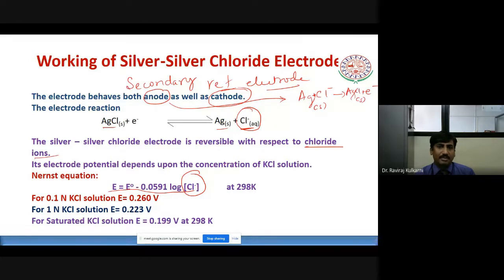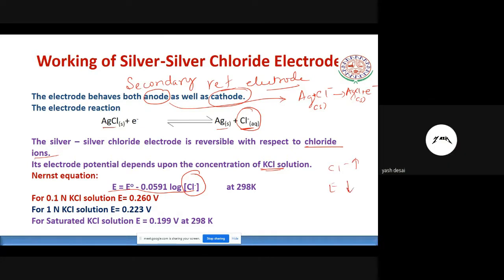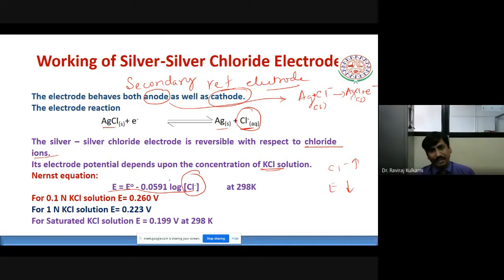This electrode depends on the concentration of KCl solution. As KCl concentration increases, Cl minus concentration increases. What happens to the electrode potential? It decreases.